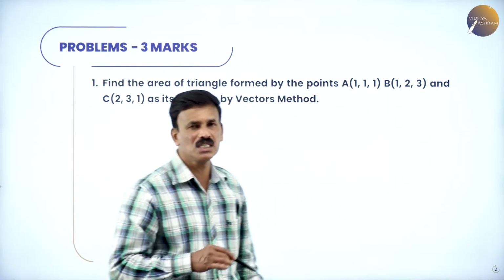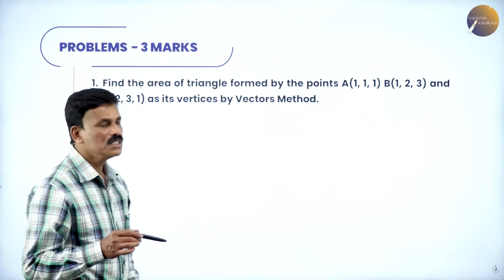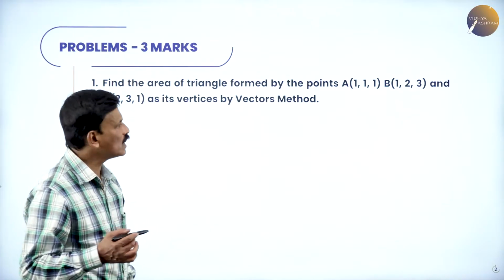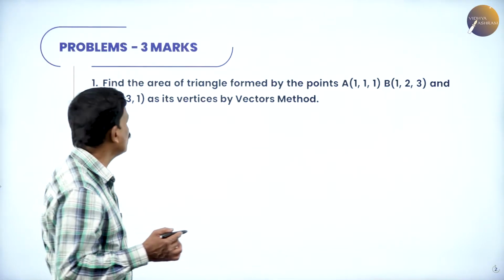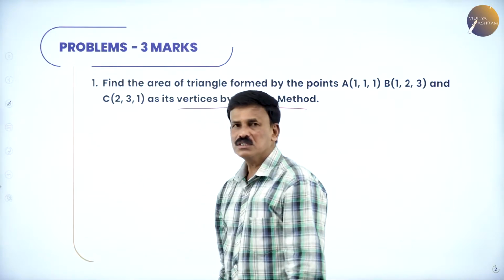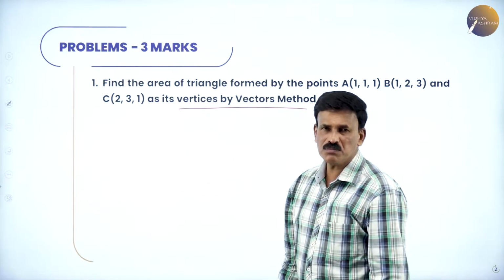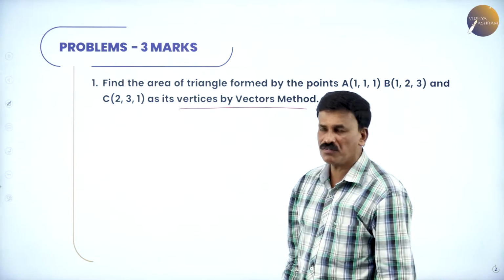Now here the question is, find the area of a triangle formed by the points A 1, 1, 1, B 1, 2, 3 and C 2, 3, 4 as the vertices by vector method. So there are 3 points here and we are going to find the area for this using vector method.